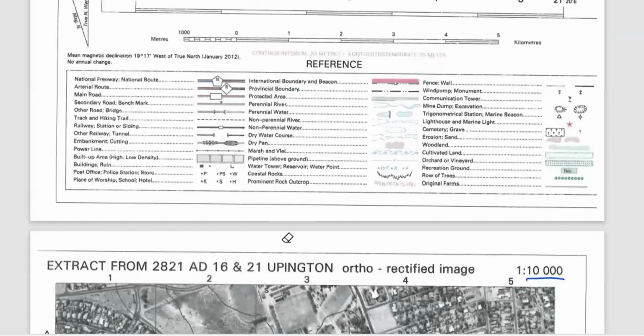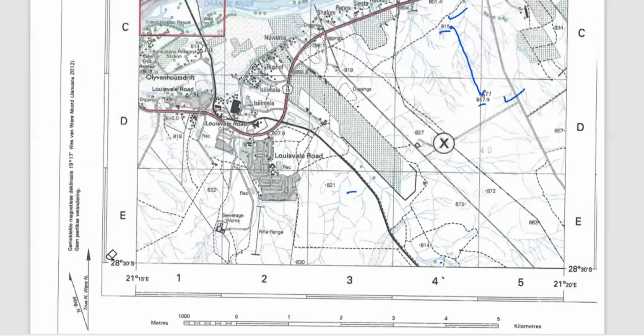Then refer to the area between spot height 815 and the trig station. Is the area suitable for crop farming? We are referring back to the same area, this area here. The area is unsuitable for crop farming.